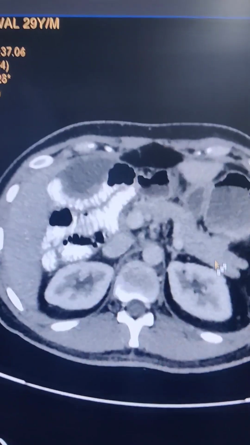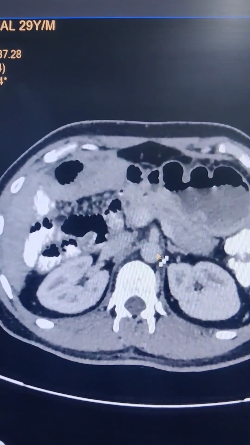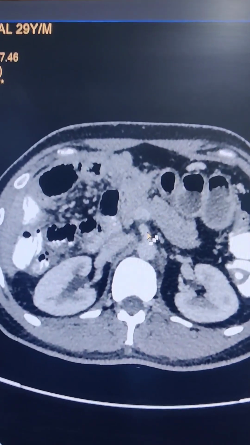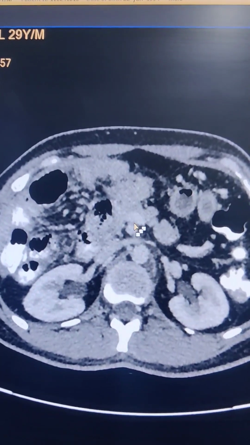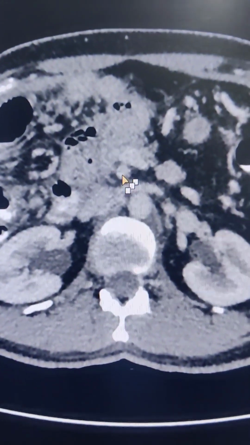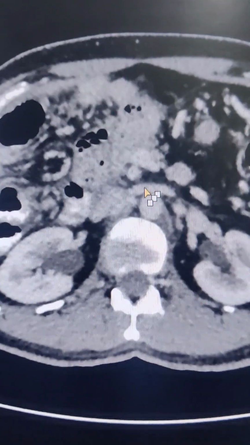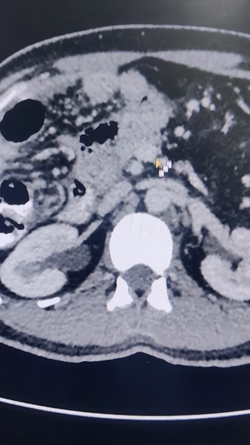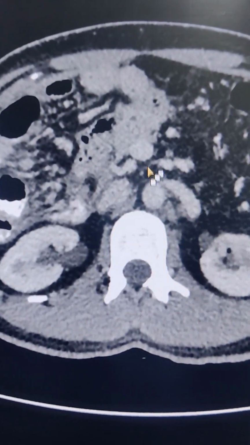Here we trace: this is the celiac trunk, this is the superior mesenteric artery, this is the superior mesenteric vein. In our case there is a vertical relationship. This is the artery, this is the vein, and the vein is lying right in front of the artery and slightly towards the left, anterior and to the left.